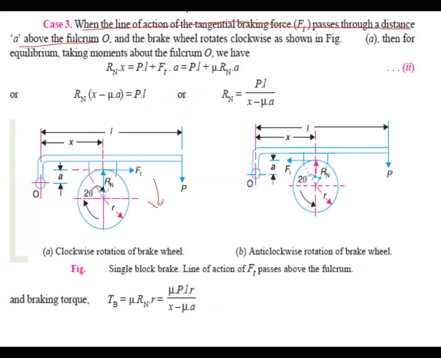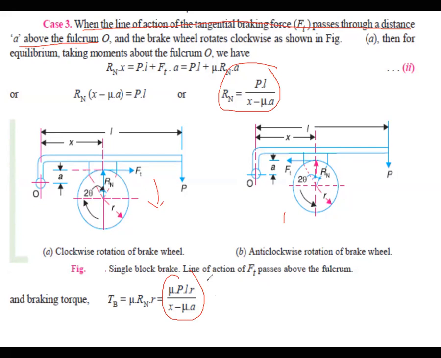So this is one case, above the fulcrum and rotating clockwise. For that, this is the formula, and for the other statement, this is the formula. These two formulas you have to remember.